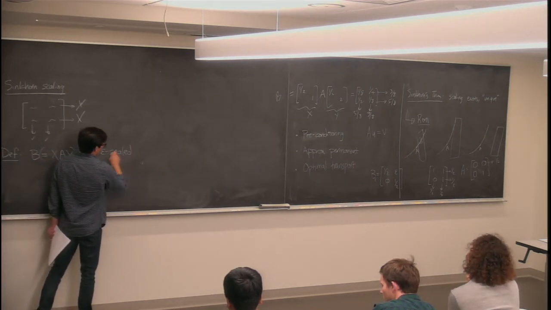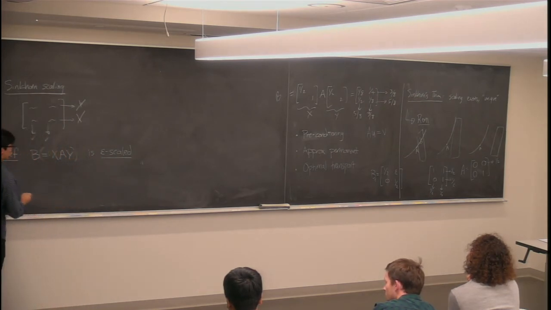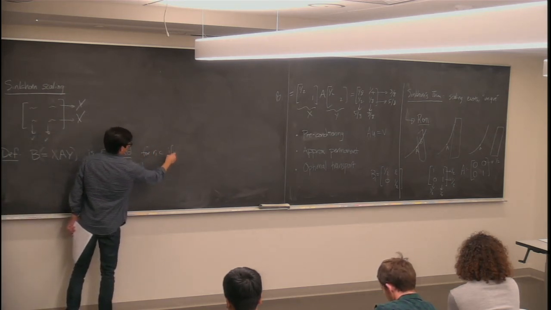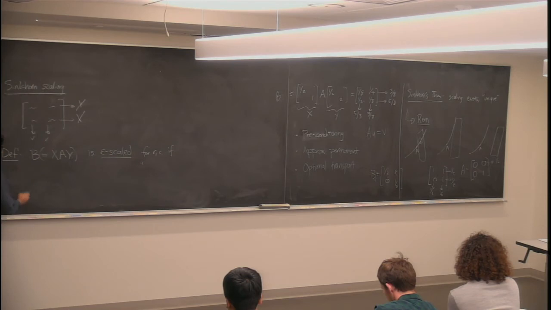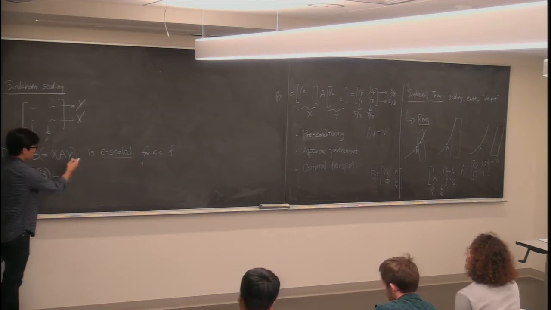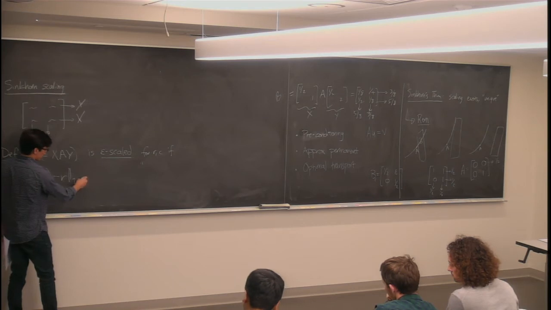And of course, when we say epsilon scaled, we mean for certain marginals R and C. So to be exactly scaled, I want the rows to be exactly equal to R, and I want the columns to be exactly equal to C. To say epsilon scaled, I'm going to say that the distance in L1 is small.